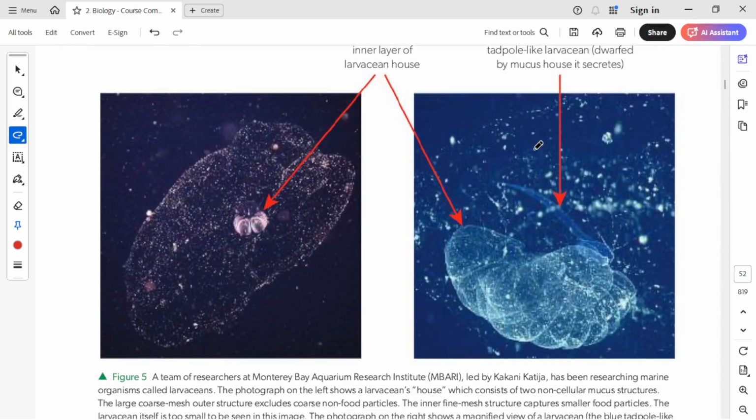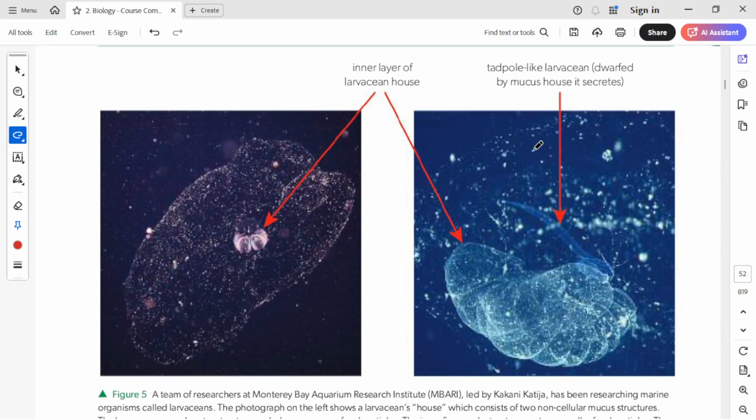So let's go ahead. Here we have one very interesting example. This is a larvacean house. A larvacean lives in this. This is not the larvacean exactly. This is a tadpole-like larvacean. Here you can see a very thin blue line, a long tail-like structure.